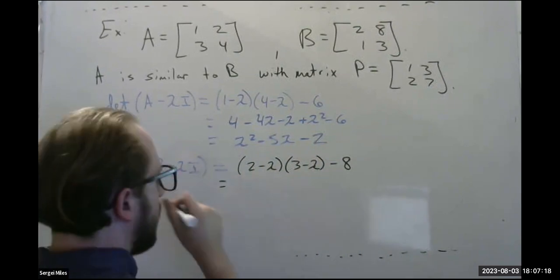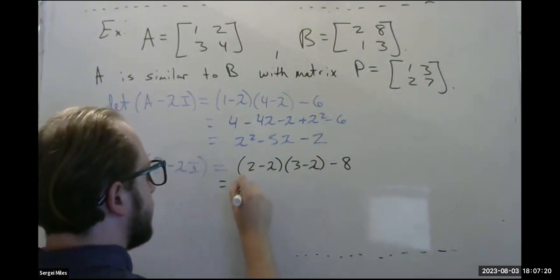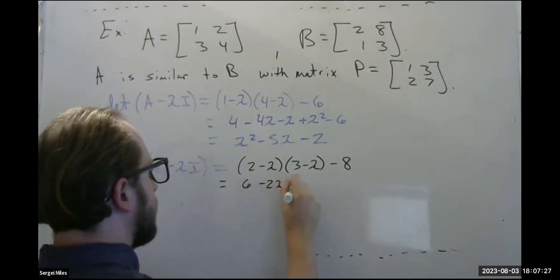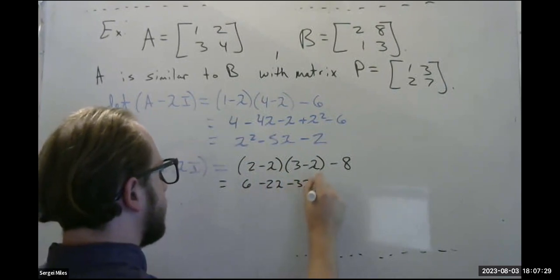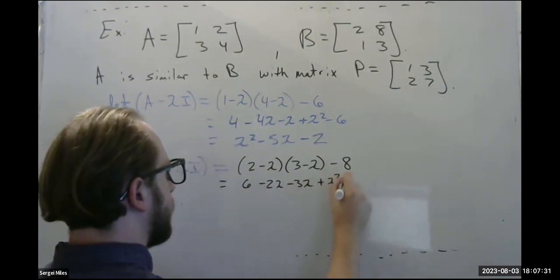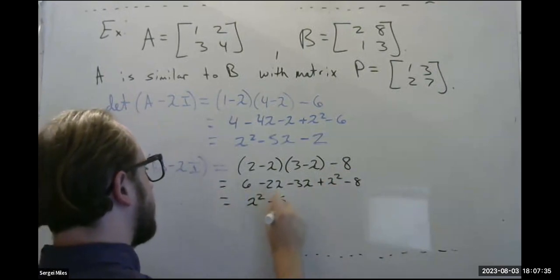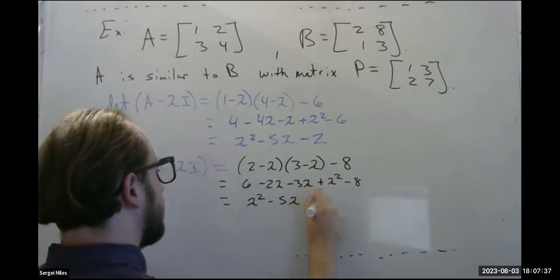What do we get here? Well, we're going to have 6 minus 2 lambda minus 3 lambda plus lambda squared minus 8. We have lambda squared minus 5 lambda minus 2.